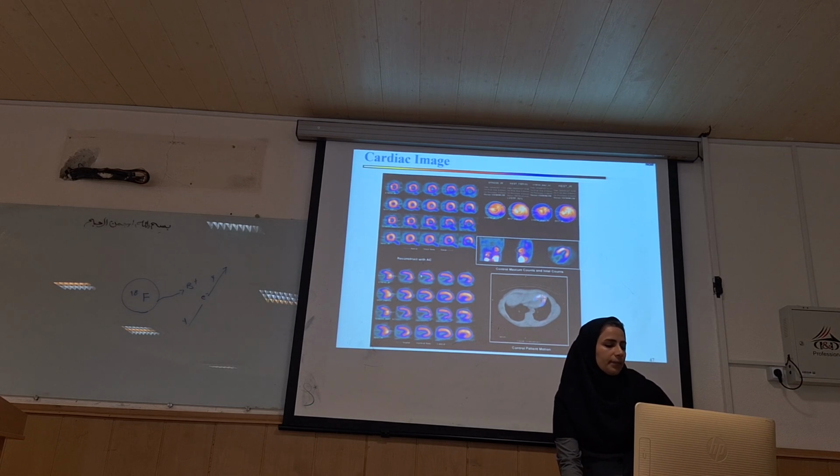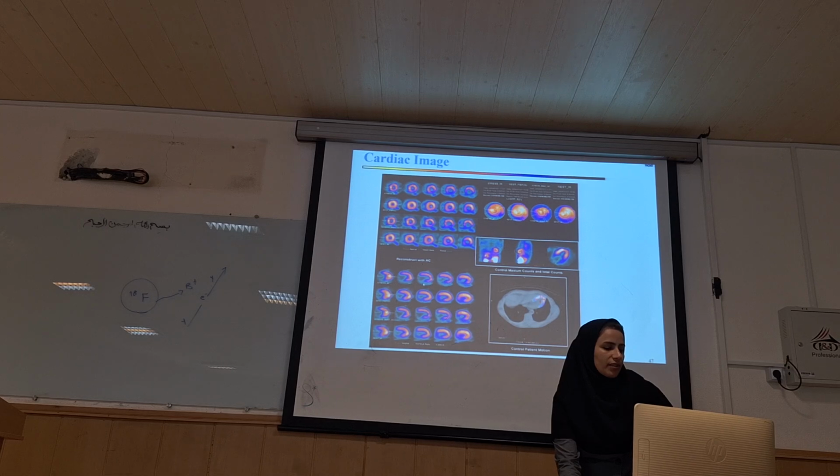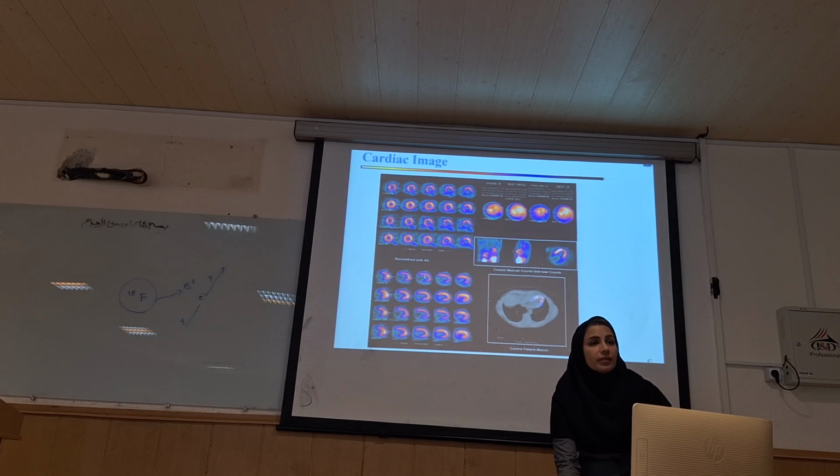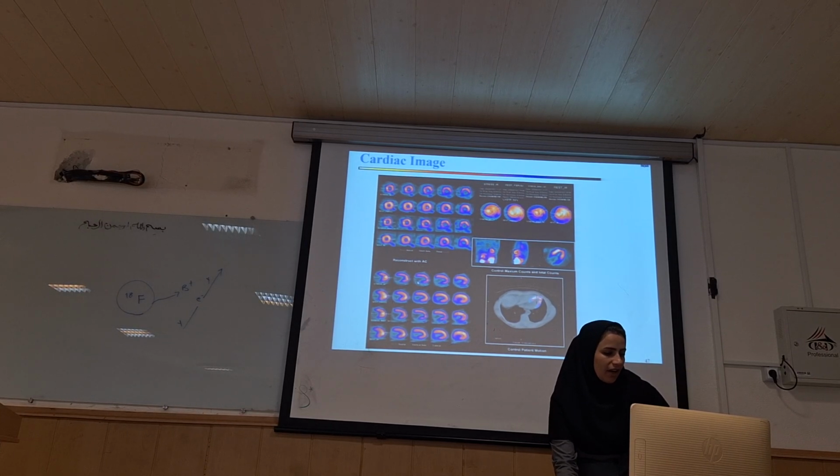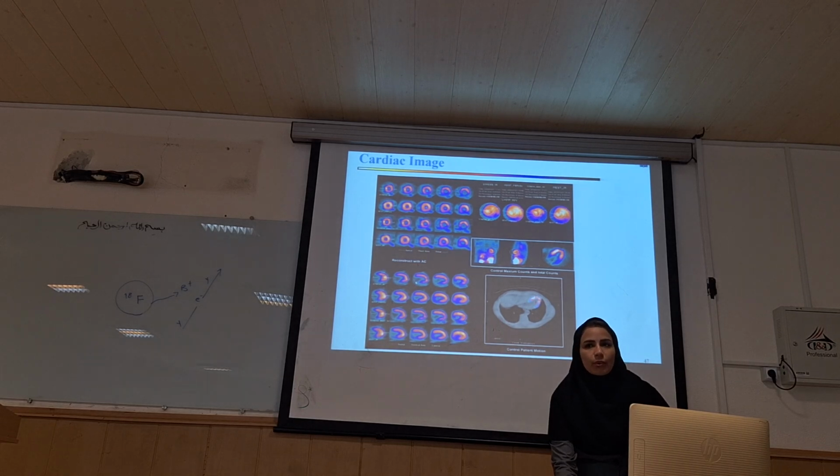How do we use cardiac imaging? See here, in the normal cardiac, I expected that here we have high activity, but we don't have it here. Here we have more activity, but here we don't.